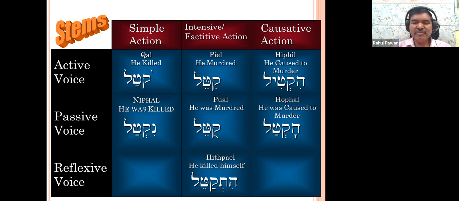So almost 30 to 35 different conjugations of a single verb. But you don't need to remember any paradigm. What you need to remember is just the name. If you know the name of the verb conjugation, everything is in it.